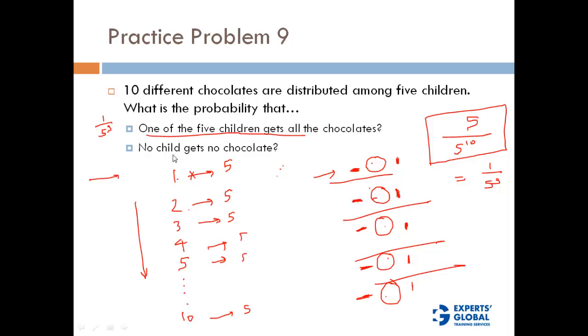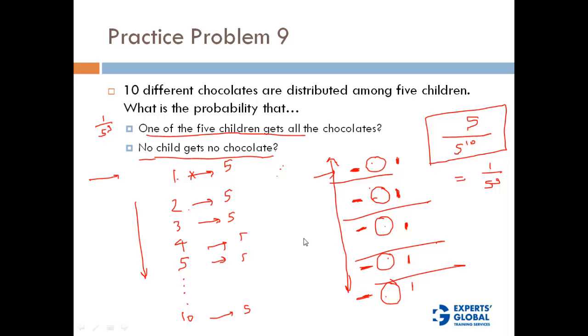No child gets no chocolate. No child gets no chocolate is the same as saying that every child gets at least one chocolate. Correct? Every child gets at least one chocolate. So if I want to ensure that every child gets at least one chocolate, what I'll do is first give one chocolate to each child and then distribute the pending ones.